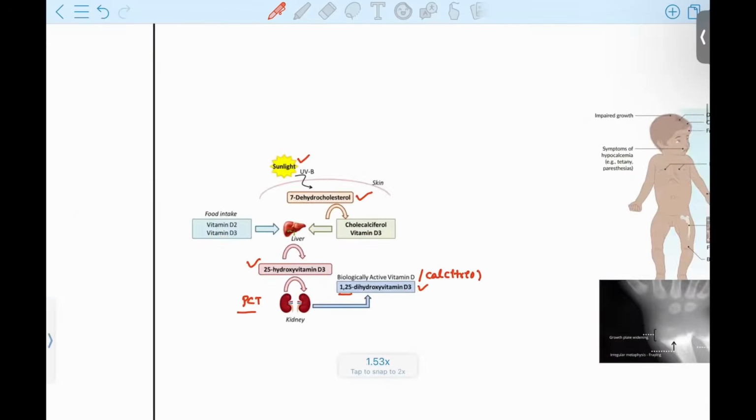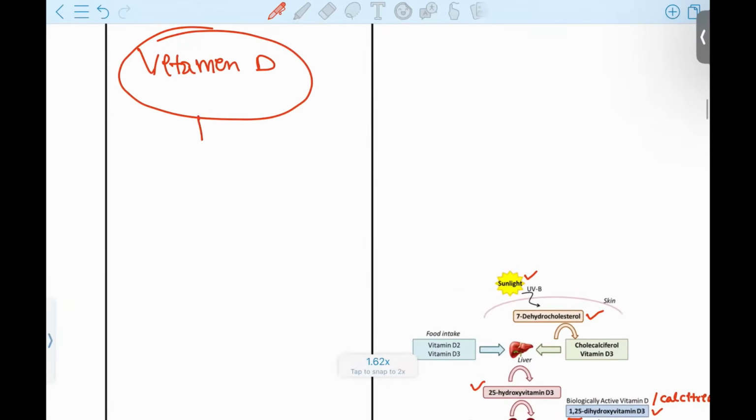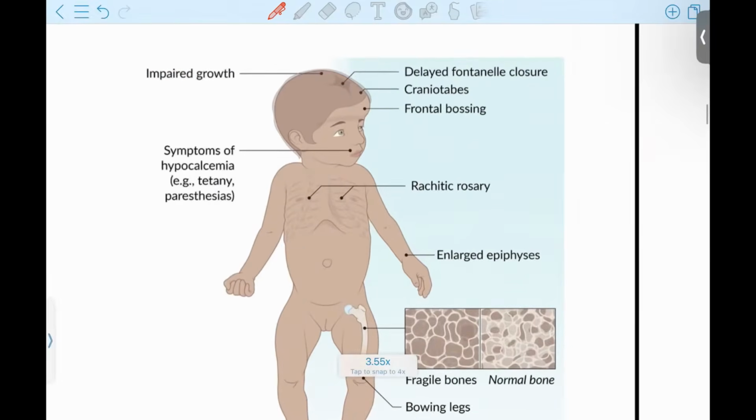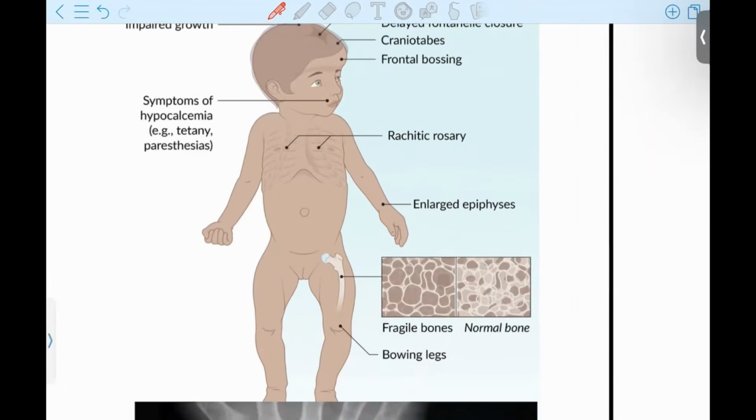But the patients suffering from vitamin D deficiency, what is the common presentation, guys? That is rickets in children and osteomalacia in the elderly, right? So how is rickets presented in this patient? Rickets will be classically presented in children as decreased hardness of bone. Why? Because of decreased mineralization.